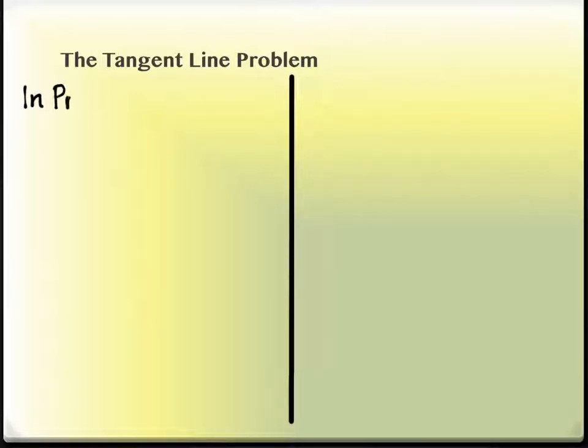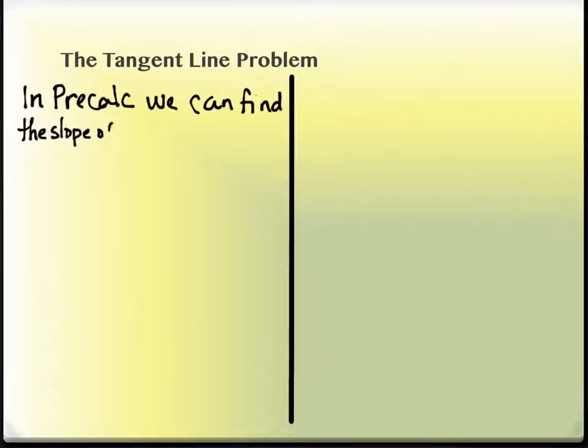So let me show you what happens when we think about the two different things, with calculus versus precalculus. So in precalc, we can find the slope of a secant line.